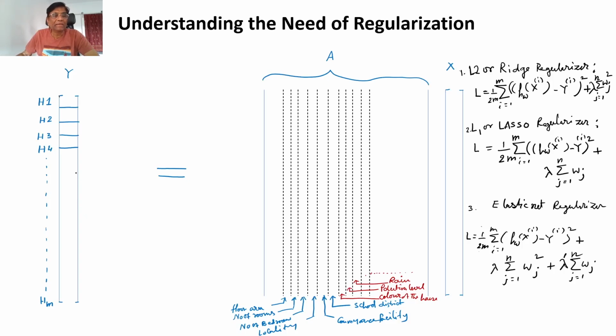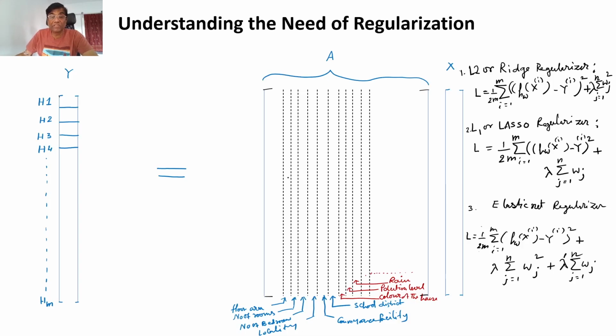Say these are my past data. This is price of the house number 1, 2, 3, 4, m number of data from the house selling data I have collected, housing pricing data. And say here is a matrix where I have, column wise, put lots of features.